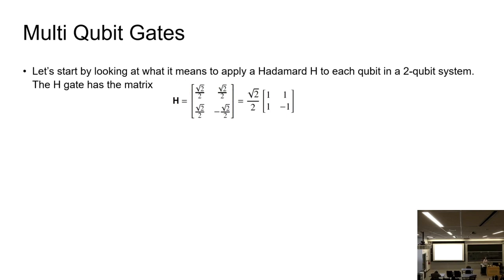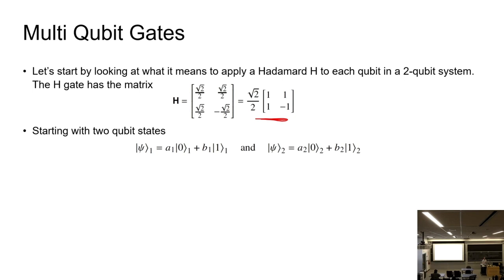We remember that the Hadamard gate looks like square root of 2 over 2 times 1, 1, 1, minus 1. And if we have the 2-qubit states defined as before, with our first qubit state with the subscript 1 and our second qubit state with the subscript 2, then if we want to apply the Hadamard gate to both, we have to compute the tensor product of the Hadamard gate applied to qubit state 1 with the Hadamard gate applied to qubit state 2.